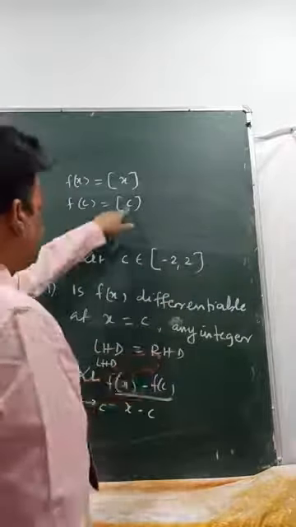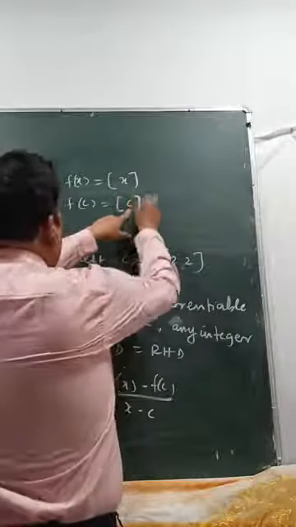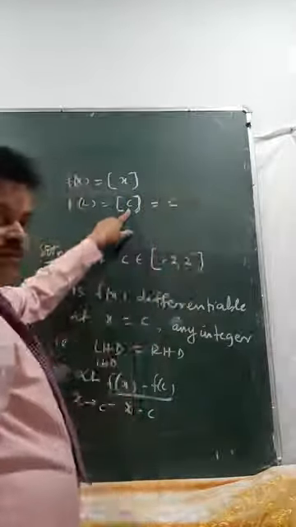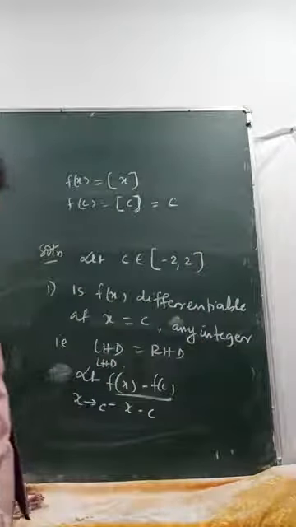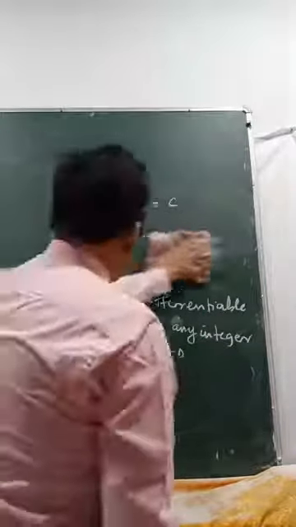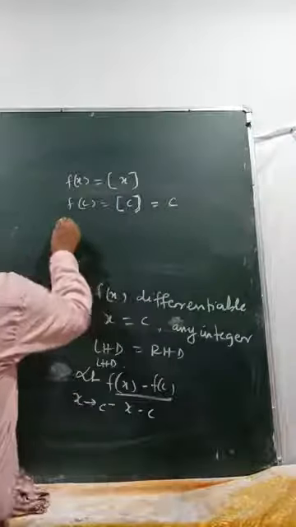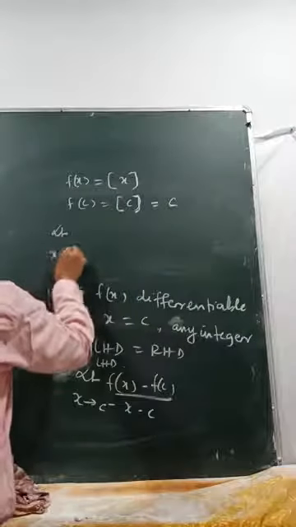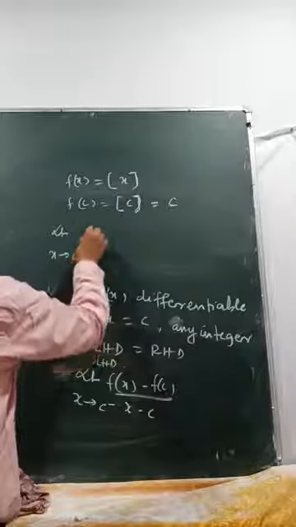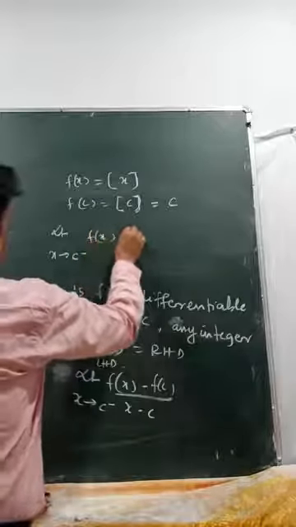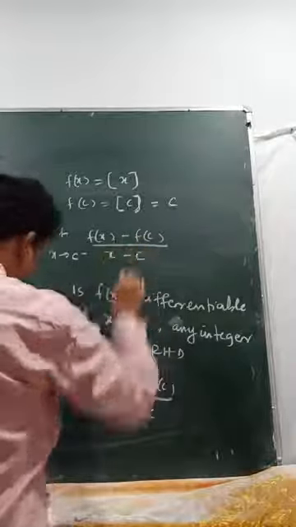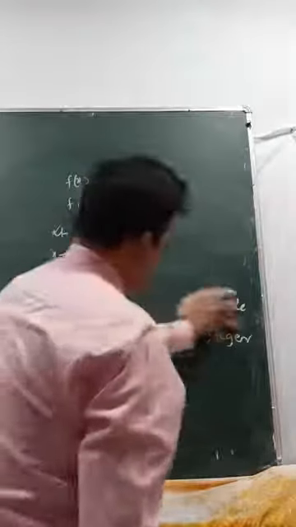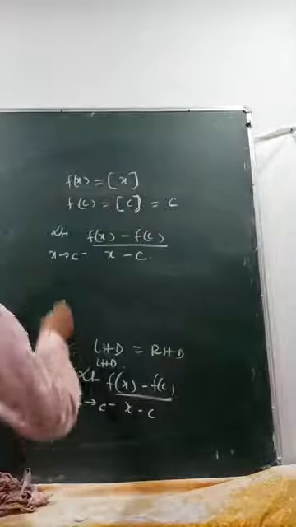So if this is an integer, it will remain as an integer. If it is not an integer, we convert it to an integer. Now what is the limit x tends to c minus of (f(x) minus f(c)) by (x minus c)? You check it.